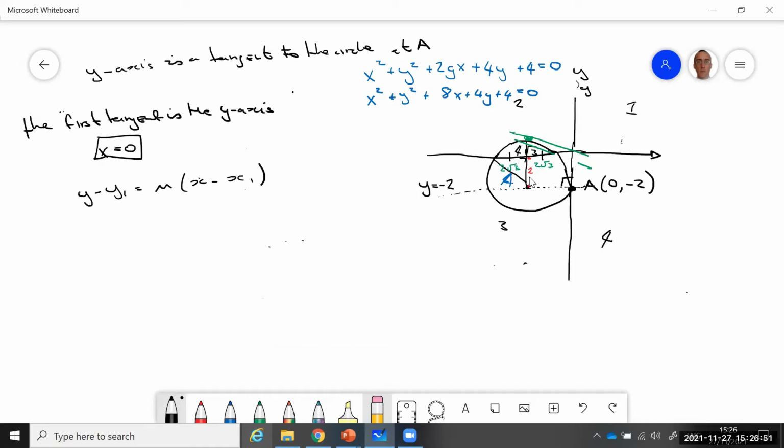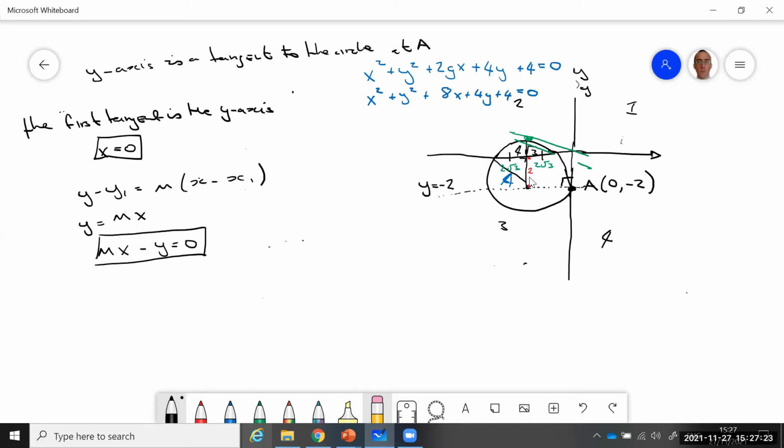Well, x1, y1 is 0, 0, because it's the origin we're talking about. So that tumbles down to y equals mx, because y1 is 0 and x1 is 0. Therefore, writing that in the normal form, mx minus y equals 0. So that is the general form of the other tangent, the one I had difficulty drawing.